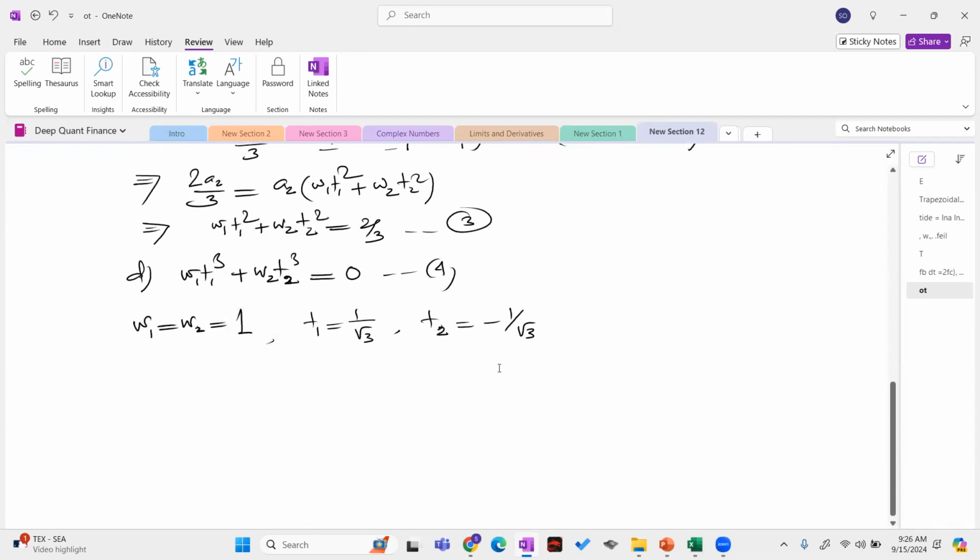So ultimately what I'm saying is the integral f(t) dt for any cubic function from -1 to +1 is given as w1 f1, where W1 is 1, so this is f of -1 by root 3 plus f of 1 by root 3. How nice. Any cubic function integral from -1 to 1 is given as the value of the function at -1 by root 3 plus the value of the function at +1 by root 3. That's it.